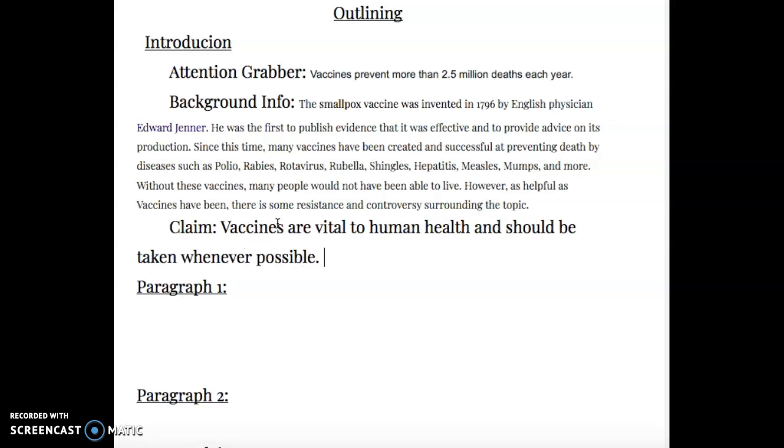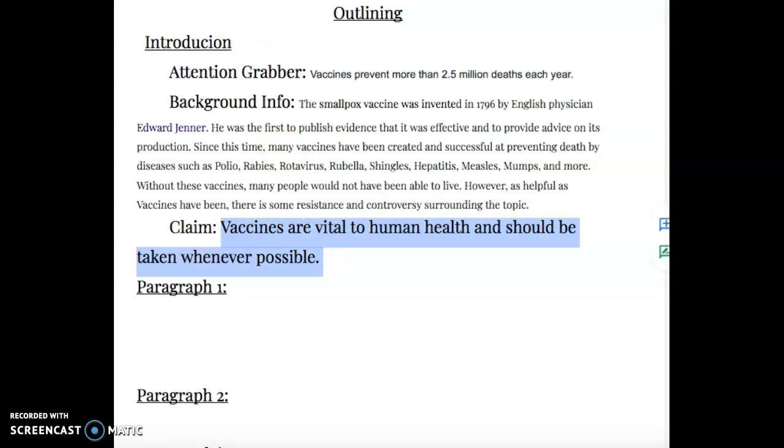So I'm saying that vaccines are important and we should all get them. Again, I'm not saying I feel this way. This is just the topic that was easy to write about. So I'm putting this on there. So there's basically my whole first paragraph. Vaccines prevent death. I explain the background info, and then I put in my claim. So that can help you get started on the introduction.